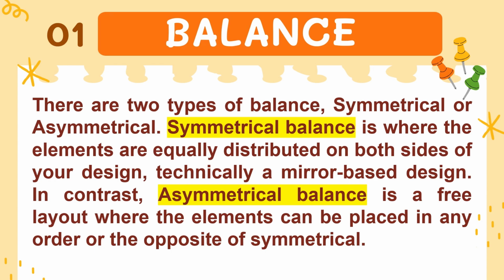Symmetrical balance is where the elements are equally distributed on both sides of your design, technically a mirror. Asymmetrical balance is a layout where the elements can be placed in any order, the opposite of symmetrical.